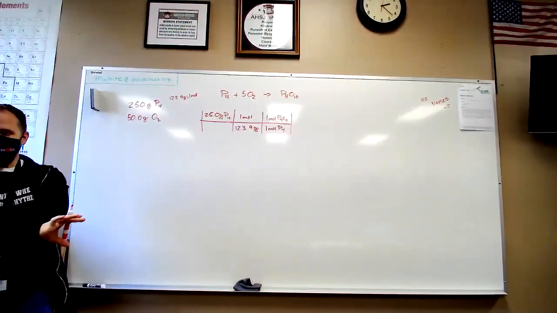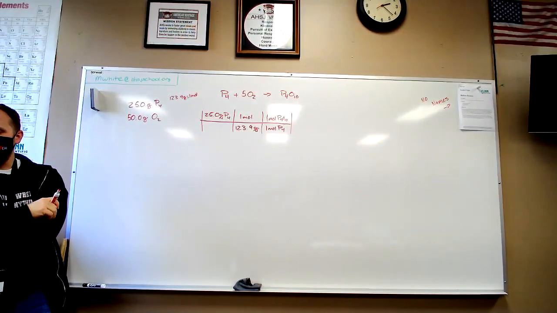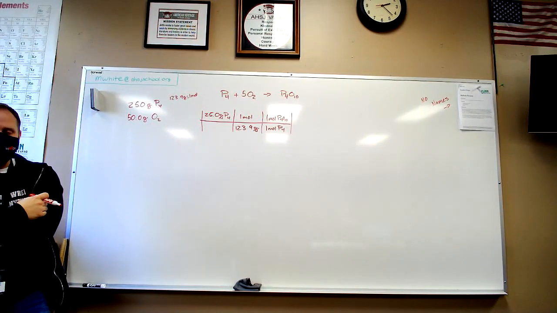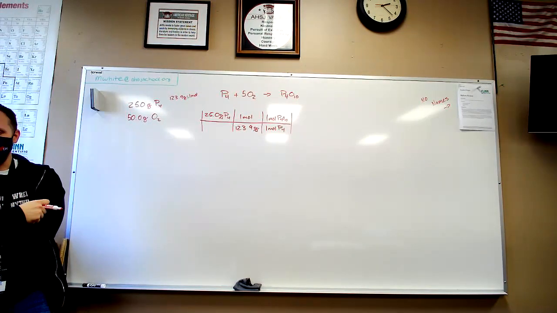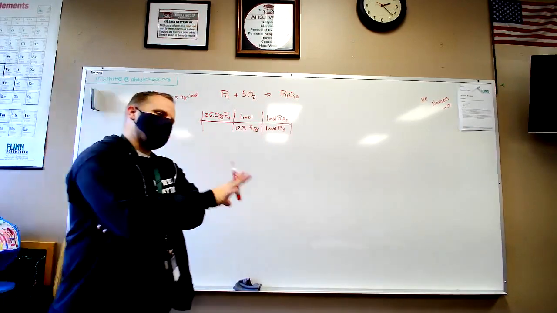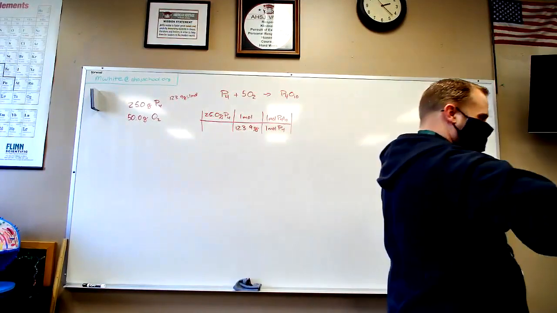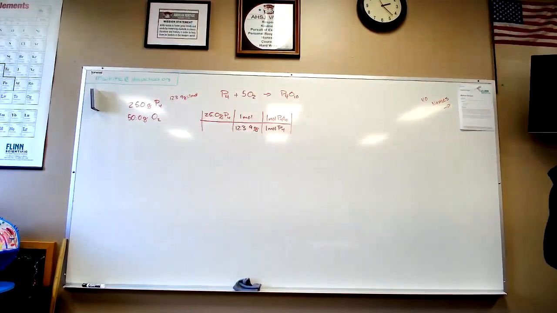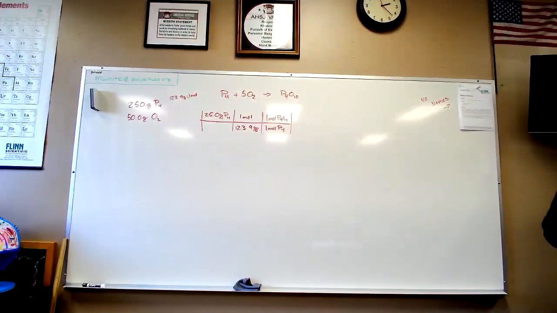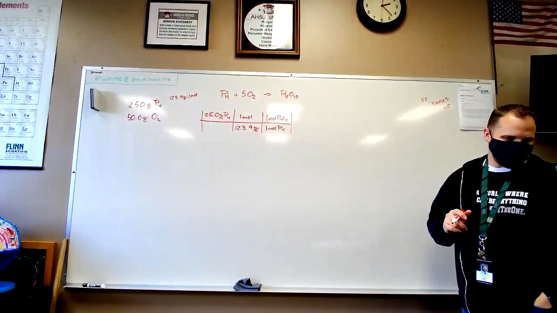At this point, if all we are looking for is the limiting reactant, we can stop. We can compare moles of the P4O10. Okay? But since the problem asks for how much is going to be left over, we may want to have that in grams. Okay?